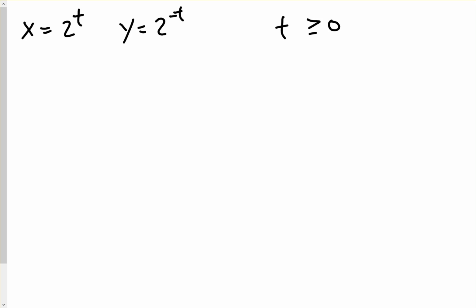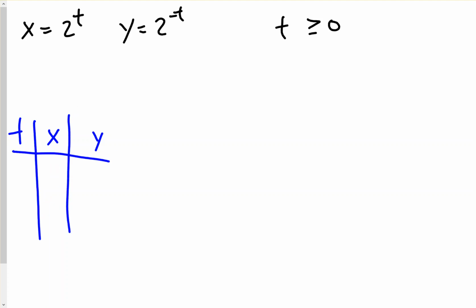Okay, so if we have our table, we can have t, x, and y. And t is greater than or equal to 0, so we have t is either 0, 1, 2, 3.